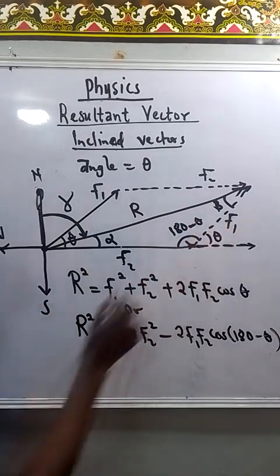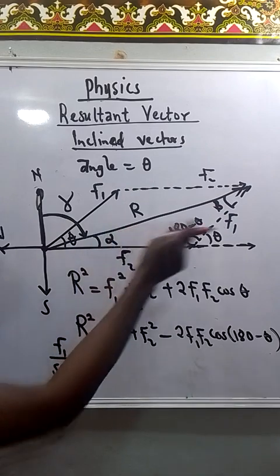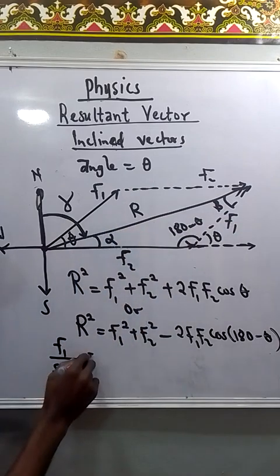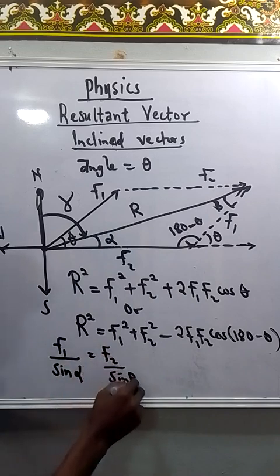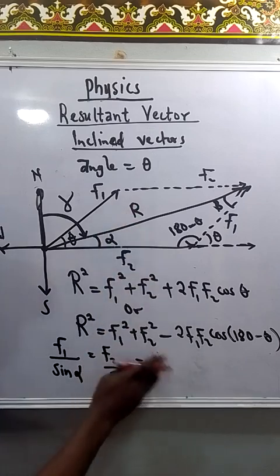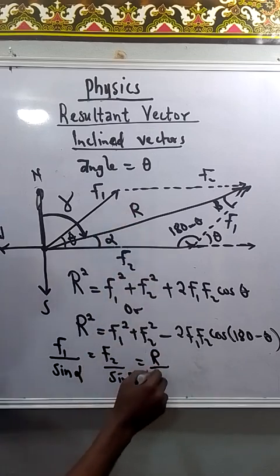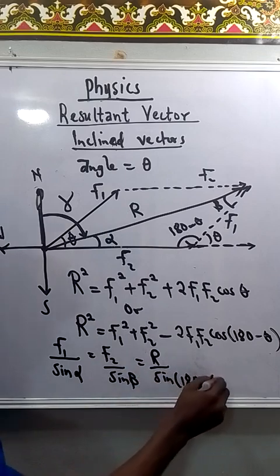So F1 over sine alpha, equal to F2 over sine beta, equal to R over sine (180 minus theta).